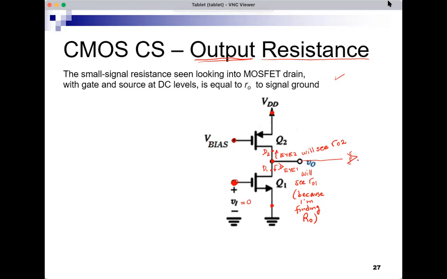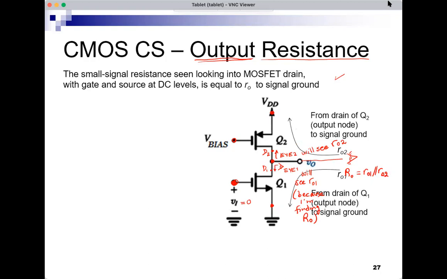So what does big I see? Big I will see r01 from this to ground and r02 also from this same node to ground. And therefore it will see r01 parallel r02. So r02 looking up, r01 looking down, and RO is r01 parallel r02.